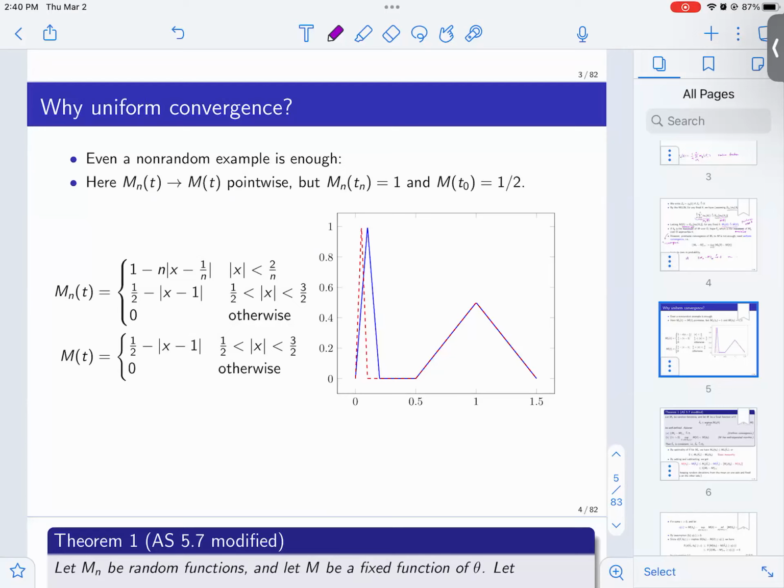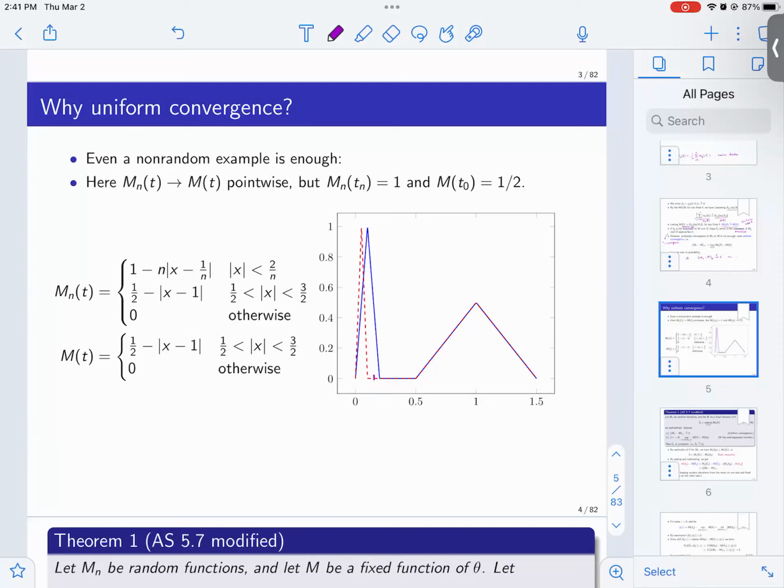If you look at M_n, you can verify that the height is 1, but the width shrinks. So if I pick any point, it's 0. And if I pick any point before 1/2, this is going to shrink past that point, and so after a certain n, in the vicinity of that point, it just looks like 0.